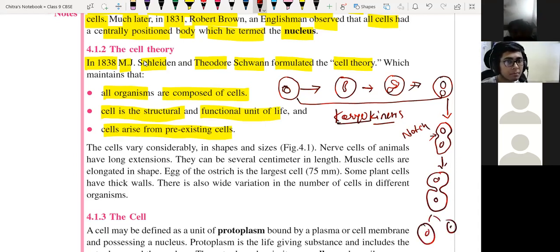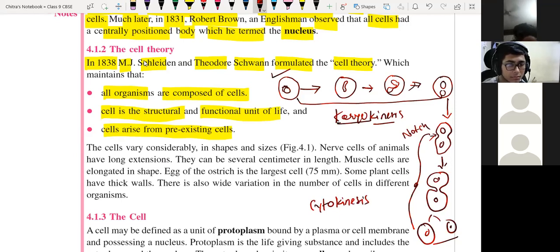These two cells are formed from the cell only, which means cells are formed from pre-existing cells. This is not nuclear division; this is cytoplasmic division, called cytokinesis. Cyto means cytoplasm, and kinesis means division.